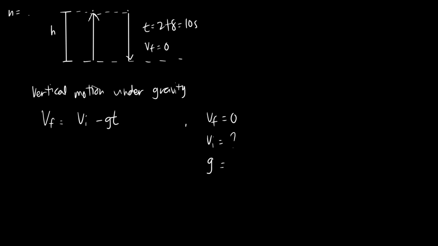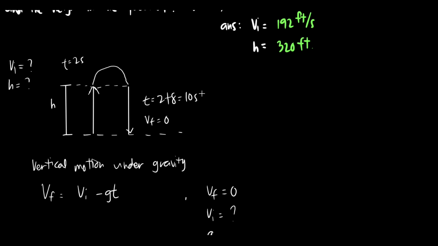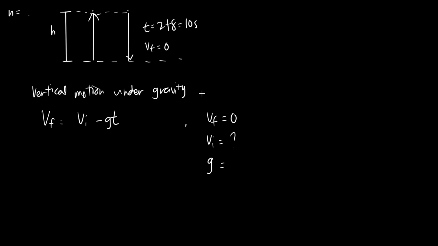And g is in terms of feet, so we are using 32 feet per second squared for g.